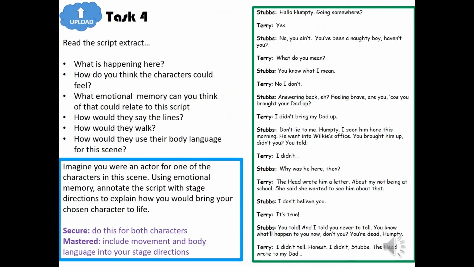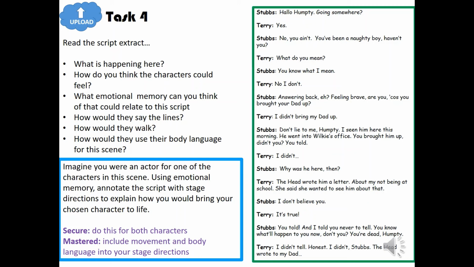Example 1. Hello, Humpty. Going somewhere? Yes? No, you ain't. You've been a naughty boy, haven't you? What do you mean? You know what I mean. No, I don't. Answer him back. Feeling brave because you brought your dad up. I didn't bring my dad up. Don't lie to me, Humpty. I saw him here this morning. He went into Wilkie's office. You brought him up, didn't you? You told... I didn't.